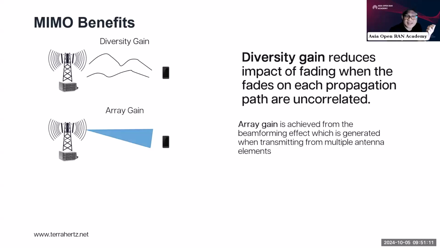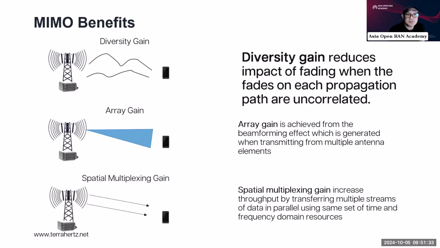Next is array gain. This is achieved from the beamforming effect, which is generated when transmitting from multiple antennas. Once you are using multiple antenna elements, you get what we call the array gain. Your signal gets higher, like what we saw. The peak signals add up. And of course, there is spatial multiplexing gain.